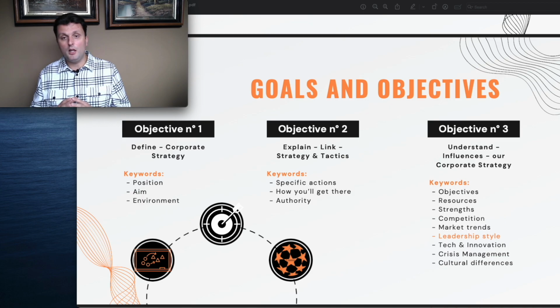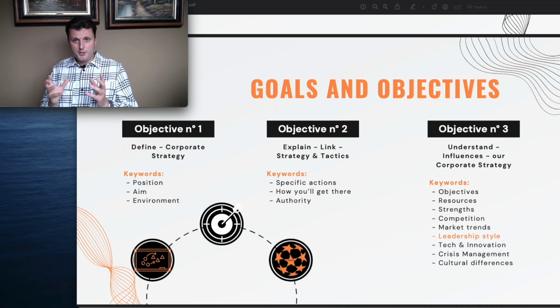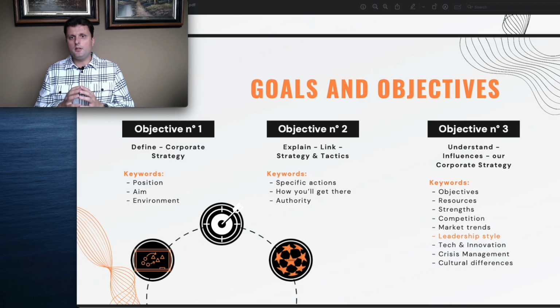It came with a lot of conflicts between the executives working to align the company to achieve the same vision. So be very careful about the leadership style you are embracing to get to that objective in the long run.